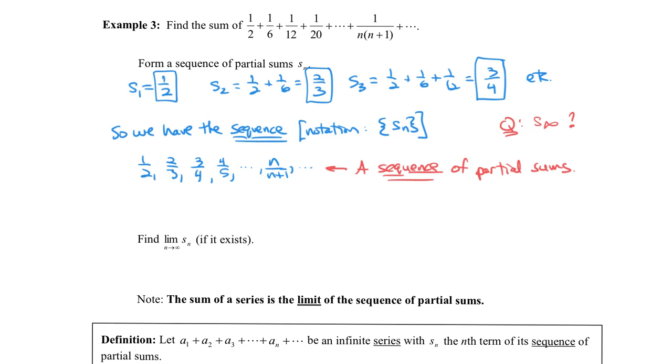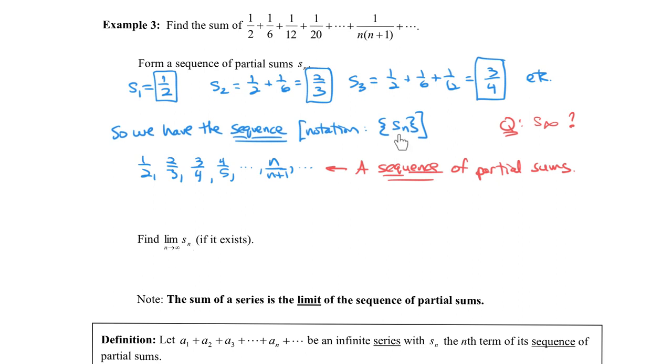Well, it turns out we can, because we can find a pattern. See, this is like n over n plus 1, right? S sub 1, there's a 1 up here. S sub 2, there's a 2 up here. S sub 3, there's a 3 up here. The denominator is just 1 more. So this is the pattern. So what we can do is we can take the limit of S sub n, right?